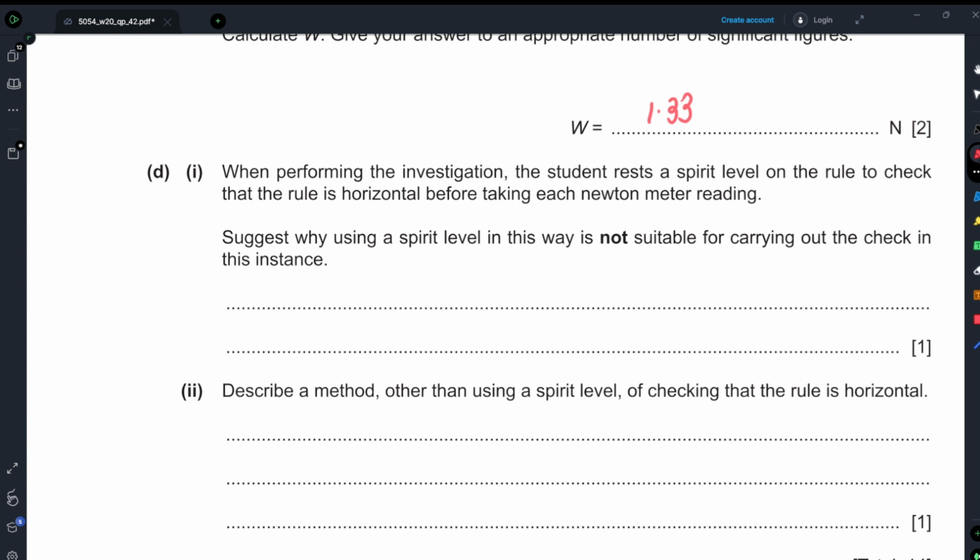But that's a spirit level to check the horizontal slope of a supposedly horizontal piece.